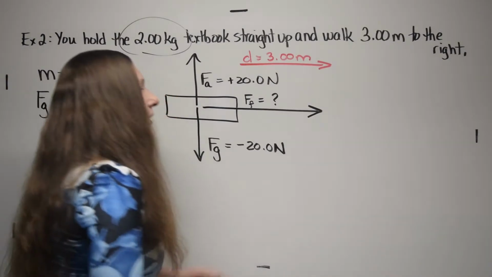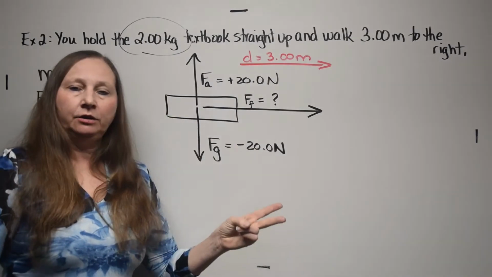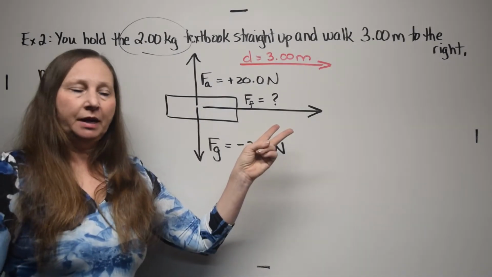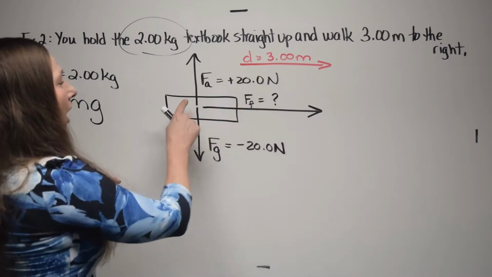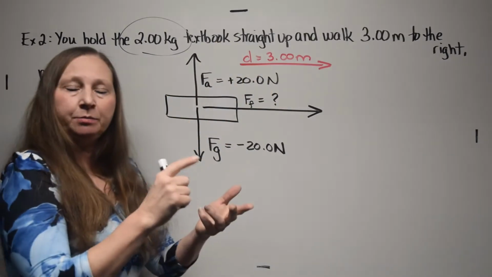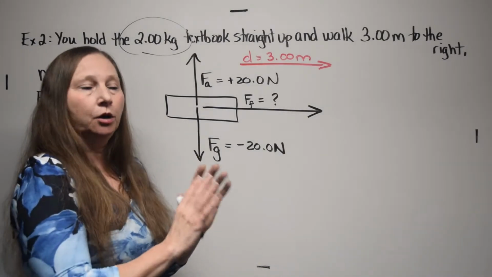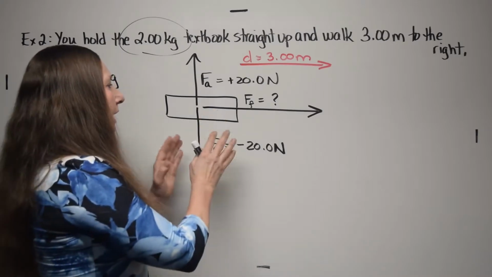So step 1, free body diagram. Step 2, figure out the displacement, label the displacement. Don't put the displacement on the free body diagram. Put it just off to the side.